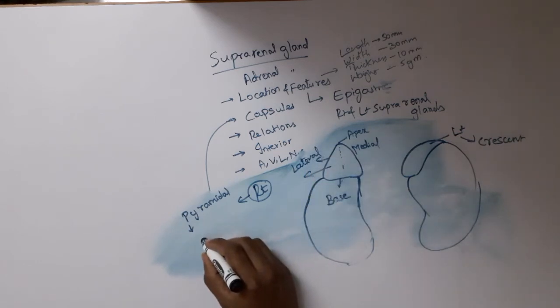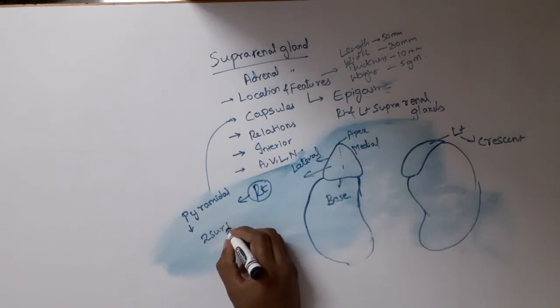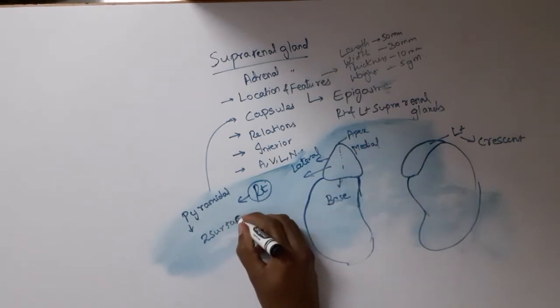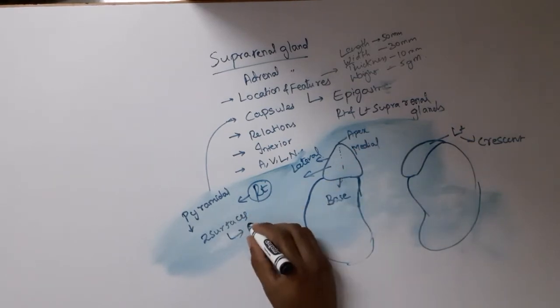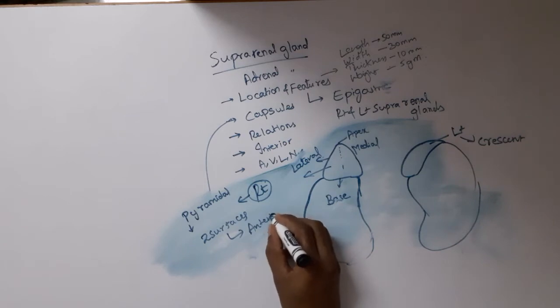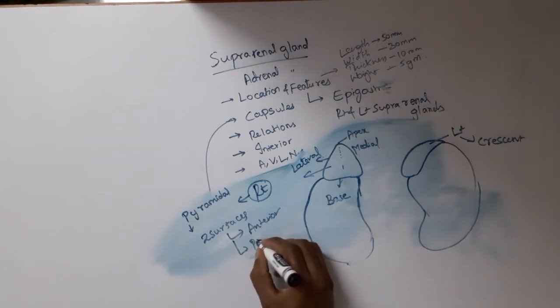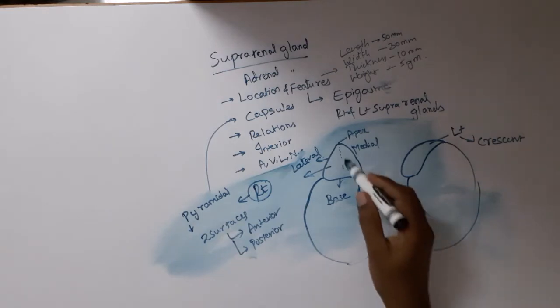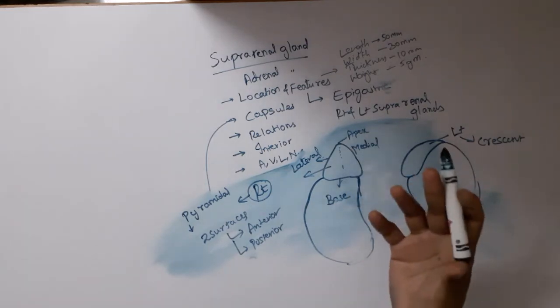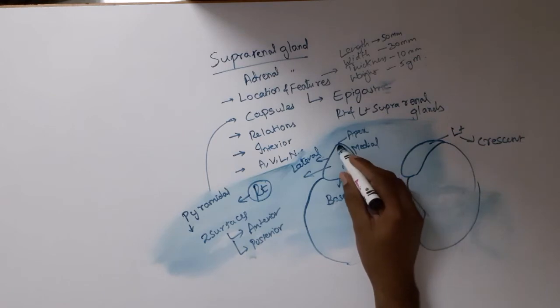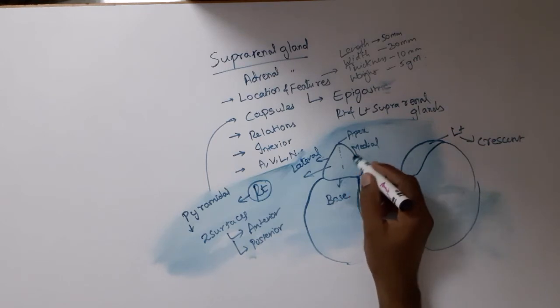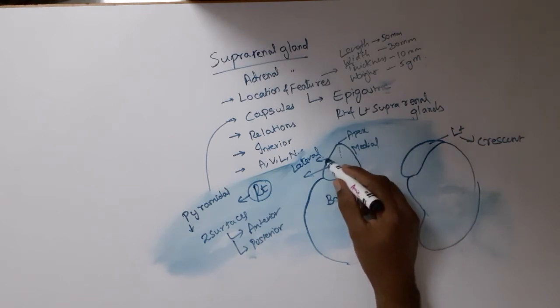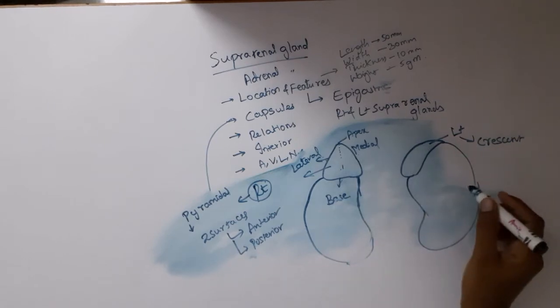Apart from that it has two surfaces, the anterior surface, which is what we are seeing now, and the posterior surface. So these are the presenting features of the right kidney. It has an apex and a base, so it looks something like a pyramid. So apical part, basal part, medial border, lateral border, anterior surface, and behind we have posterior.